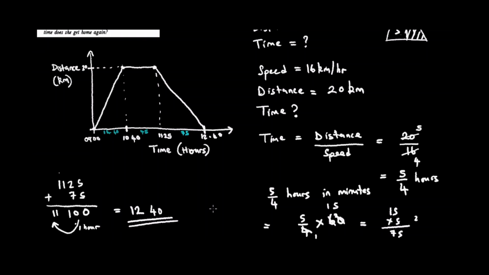Zvatopera. Manzwisisa here kuti taita sei uye maona here kuti hatina imwe nzira yatanga chigona, tanga tisina kutanga taisa distance time graph, nekuti tofanirwa kuziva kuti time iri kuchinja sei panapa kuti tabva pana 0900 tikaedha 1 hour 40 minutes tikaona 1040, tobva pana 1040 toedha 45 towana 1125, tobva pana 1125 toedha 75 towana 1240.